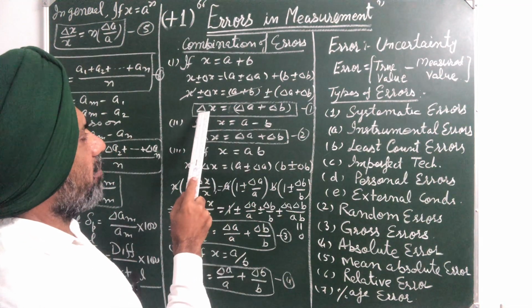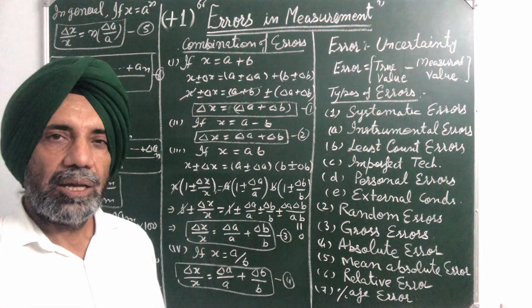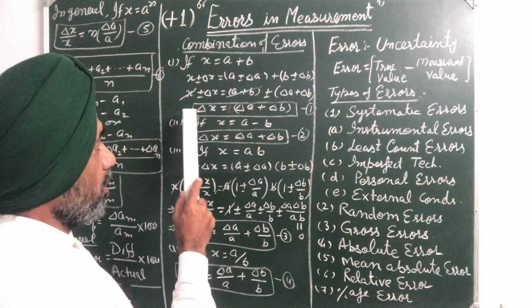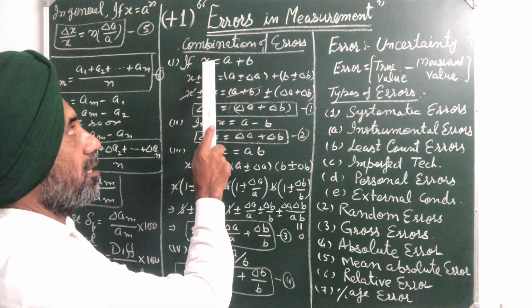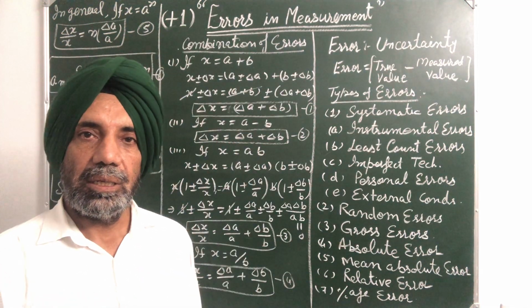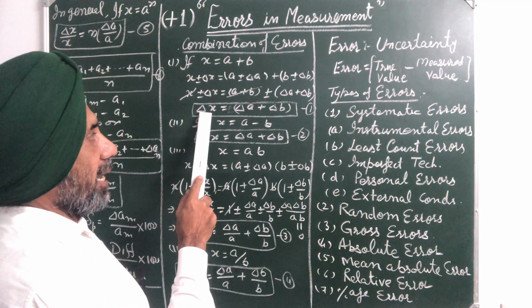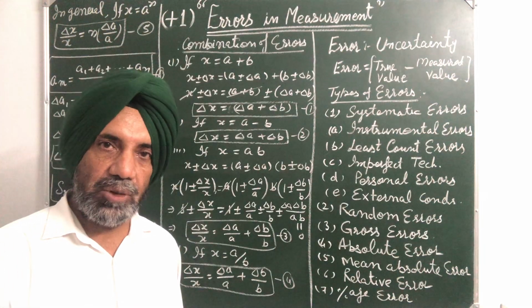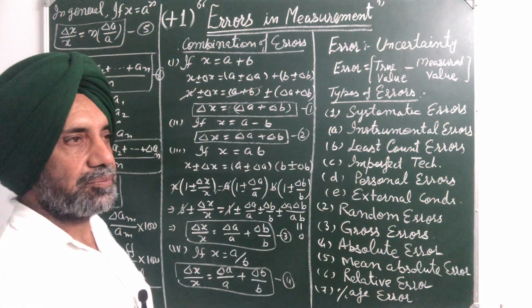Leaving the plus minus sign, we have delta x equal to delta a plus delta b. Equation number 1. This is the maximum possible absolute error in the measurement of x when x is equal to the sum of the two individual quantities. So absolute error in x is equal to the sum of the absolute errors in individual measurements, that is delta a and delta b.